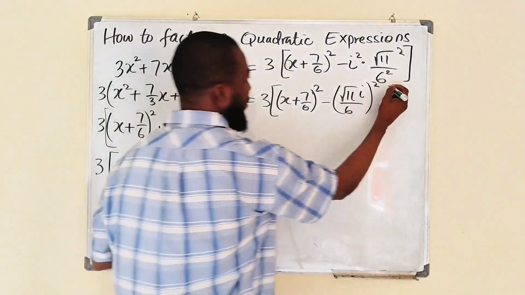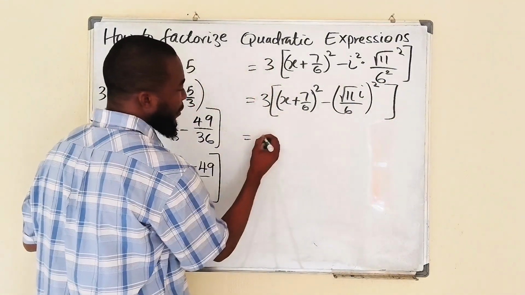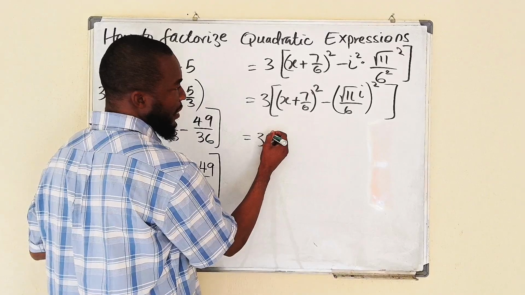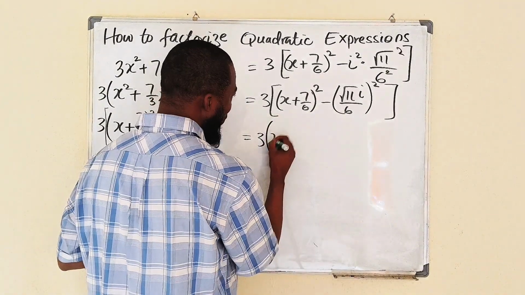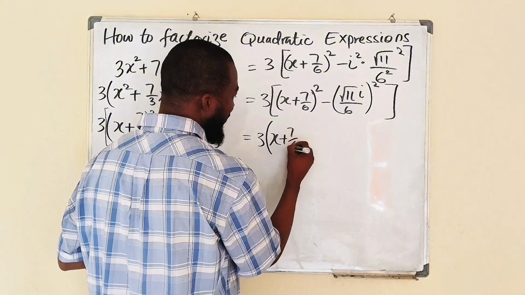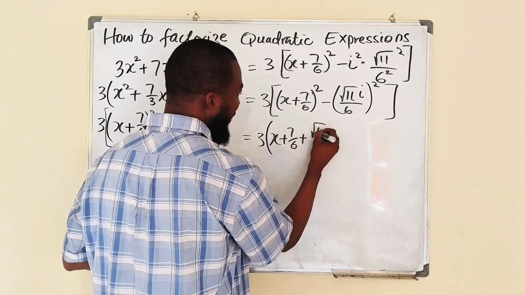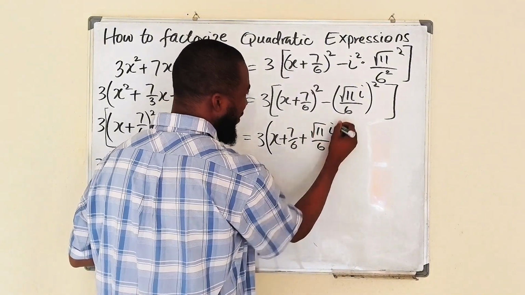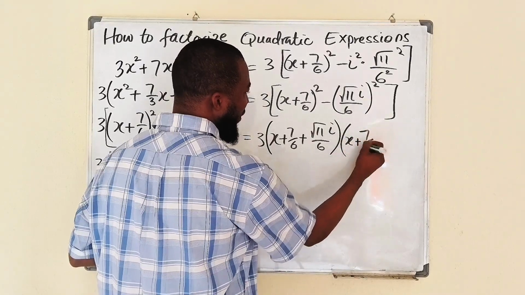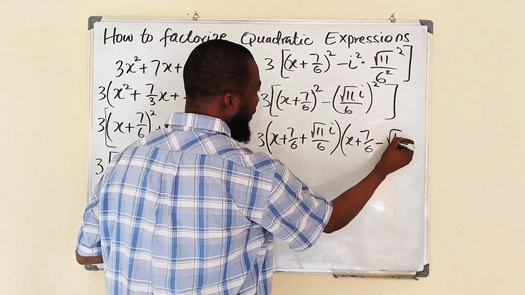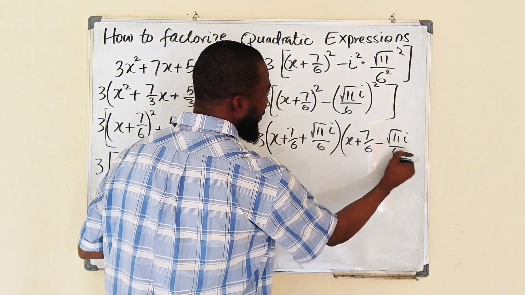Almost done. This is equal to 3. Okay, difference of two squares, right? We take the first one, x plus 7 over 6 plus the second one, root of 11i divided by 6, multiplied by x plus 7 divided by 6 minus root of 11i divided by 6.